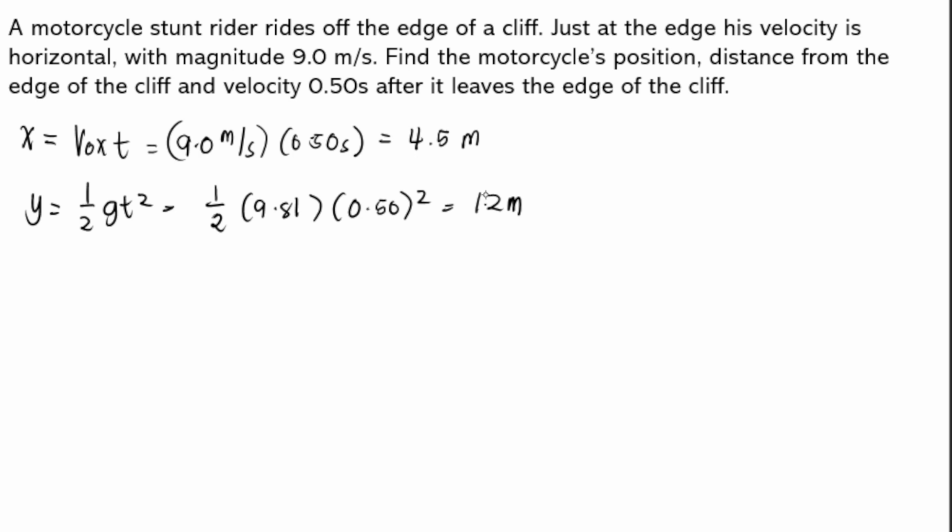Okay, so we have to find the x and y velocity of this unknown. Okay, so the distance from the edge of the cliff, I think we need to find the radius, or the range.